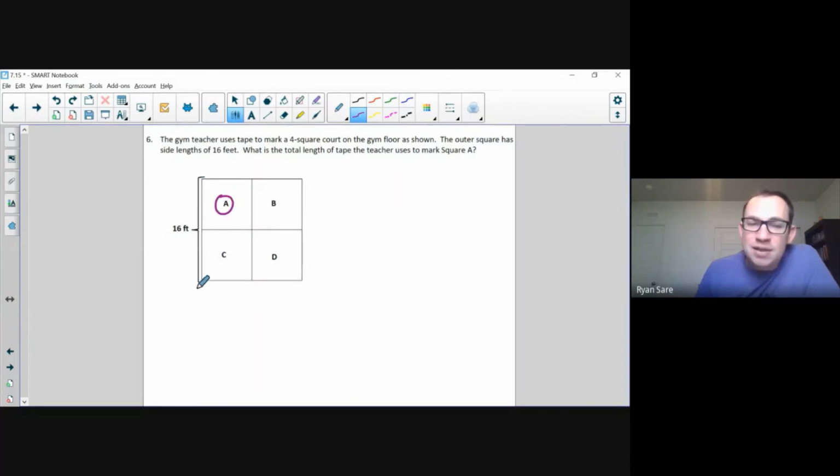And it didn't tell us what the side length is, but it gave us some information. This is a 4-square court. And so all of these squares have the same length. The length from here to here is 16 feet, and there are 2 squares within that length. So since they are the same size, we're going to split this 16 equally.